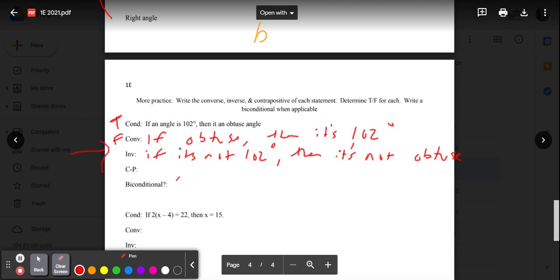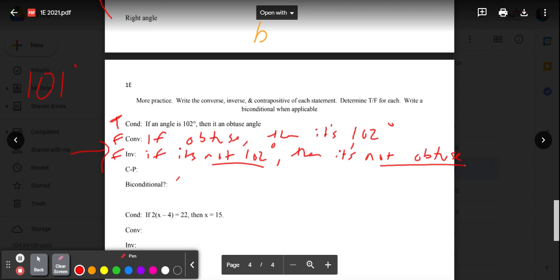Just because it's not 102 doesn't mean it's not obtuse, because think about this: 101 degrees is not 102, but it doesn't mean it's not obtuse. So this statement is false, because it's basically saying that the only obtuse angle there is is 102 degrees, which is a total lie.